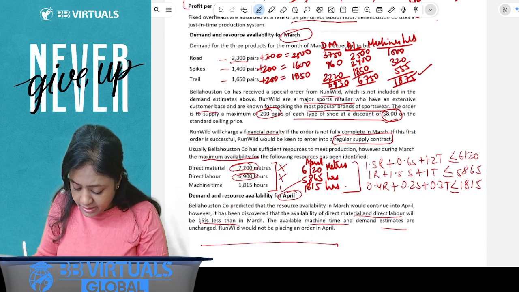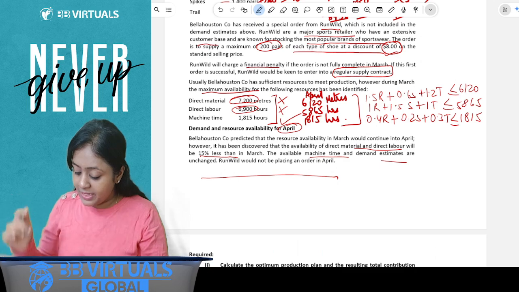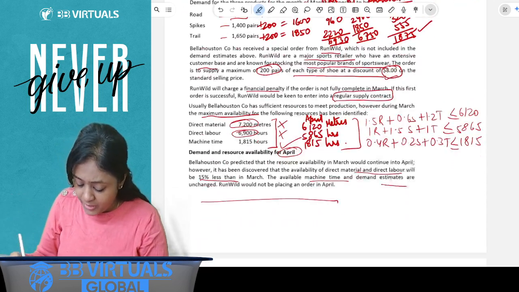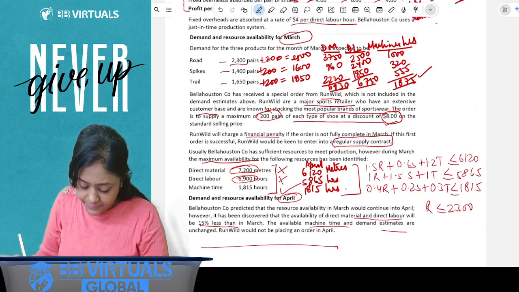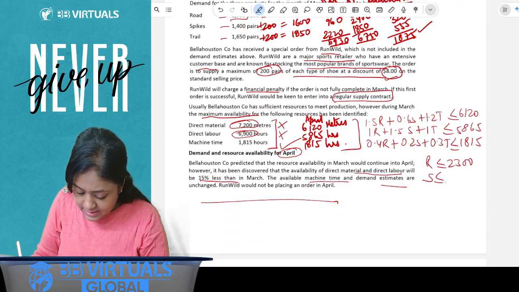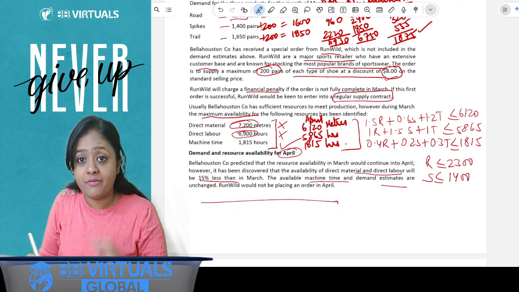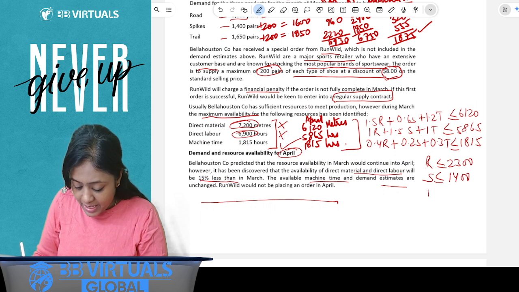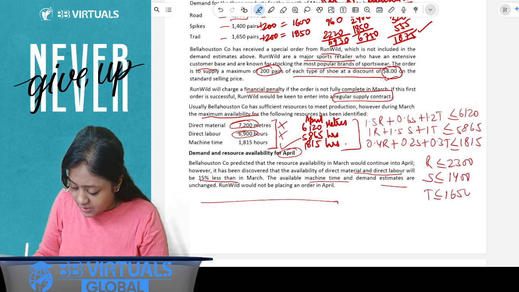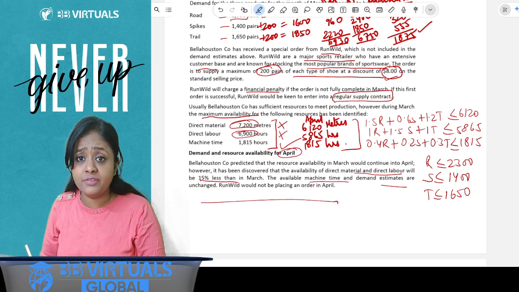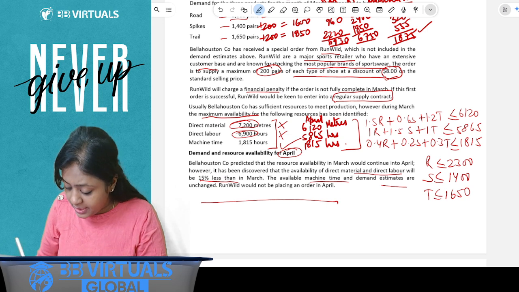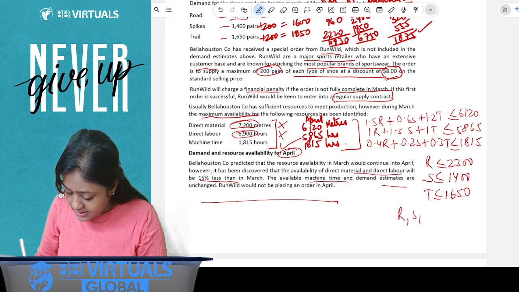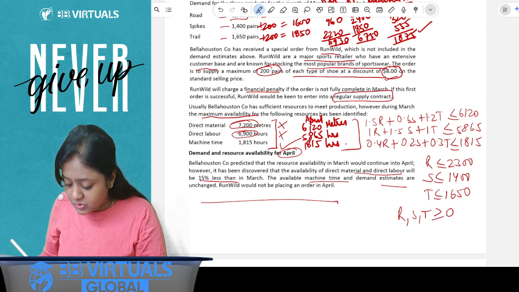Demand is also limited, so let's create the demand equations. R is less than or equal to 2300. S is less than or equal to 1400 because they have a restricted demand. And T is less than or equal to 1650. Let's have the general non-negativity equation: R, S, T are greater than or equal to 0.